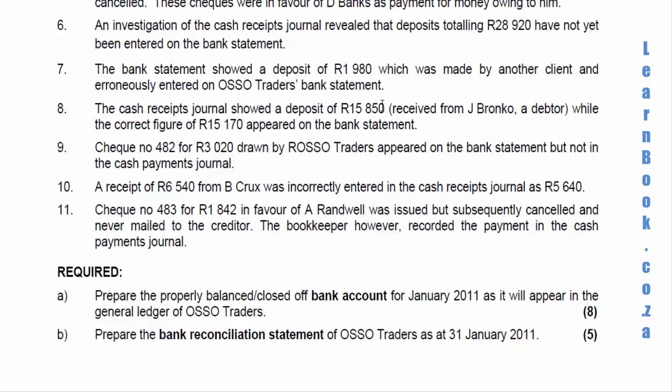So 15,850 minus 15,170 gives us 680. Our bank ledger account has now got to decrease.